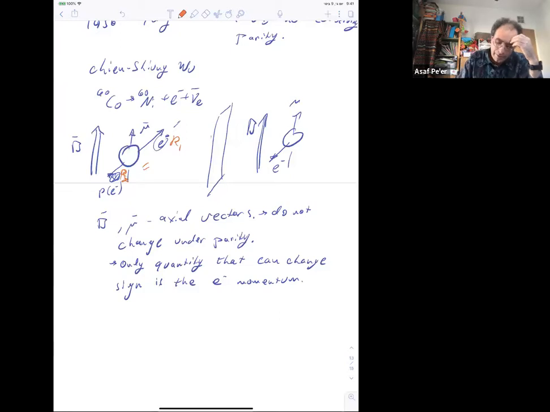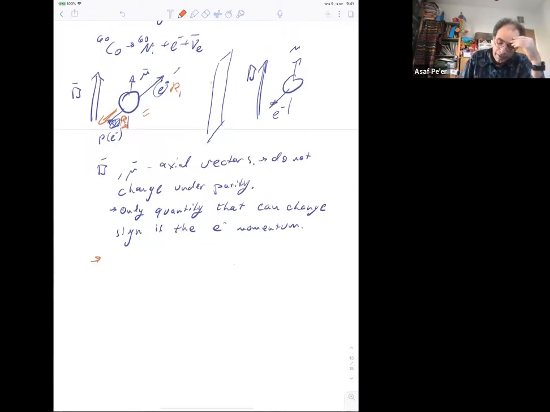So basically more electrons are emitted in the direction opposite to the direction of the magnetic field than in the direction of the magnetic field. So this was the first clear proof that parity is not conserved in the weak interaction.